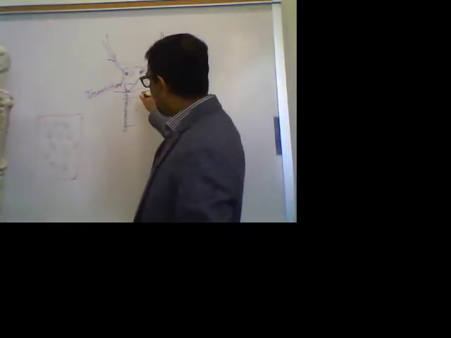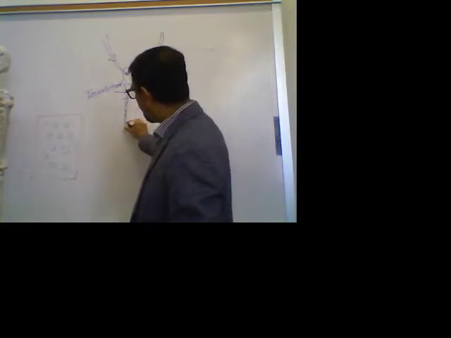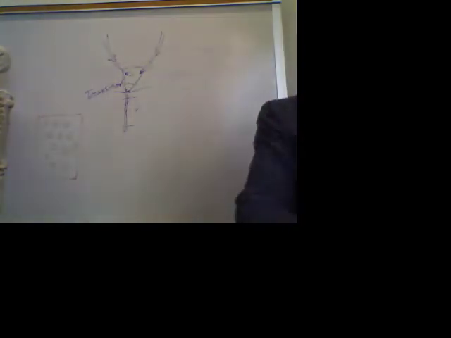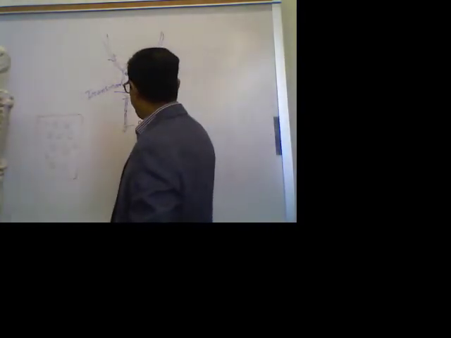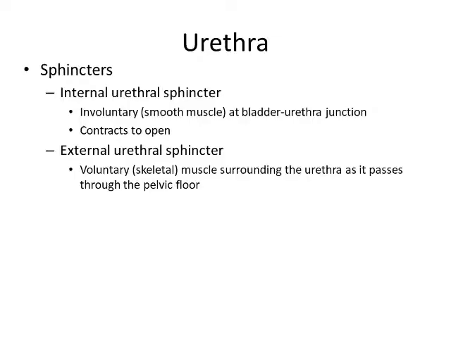Similar, very similar. This is internal sphincter, this is external sphincter. External is skeletal, that means voluntary or involuntary? Voluntary. And inner is smooth, that means what? Involuntary.